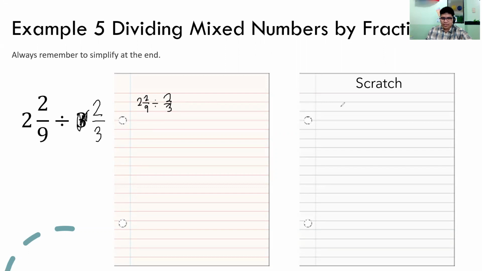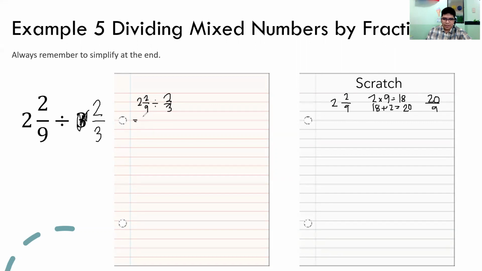Now, in our scratch, we're going to transform 2 and 2 ninths by multiplying 2 times 9, that's the whole and the number of parts, giving us 18 parts. Then adding the 2 extra parts, we'll have the new numerator 20. And we're going to have that as 20 over 9. That's the same as 2 and 2 ninths.